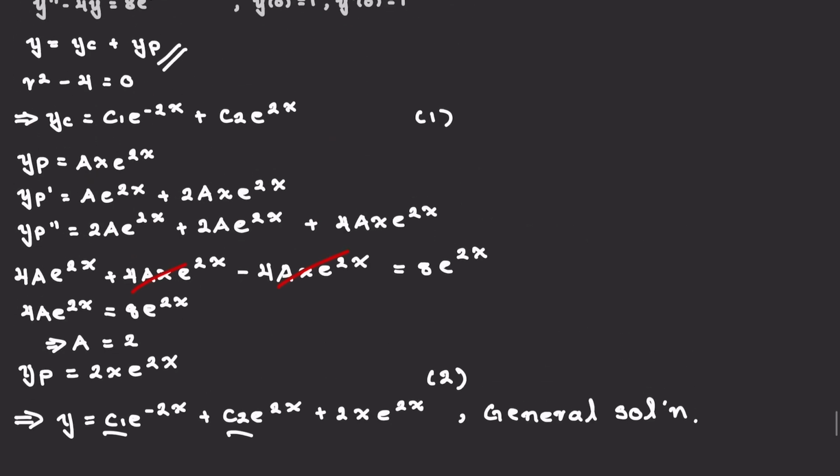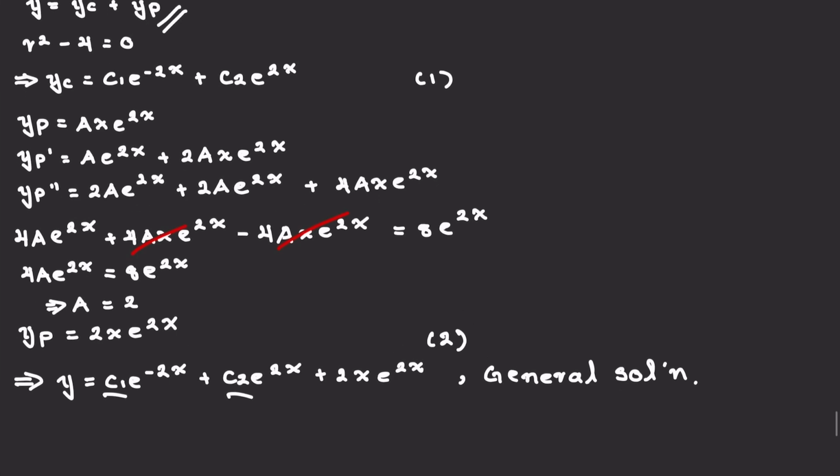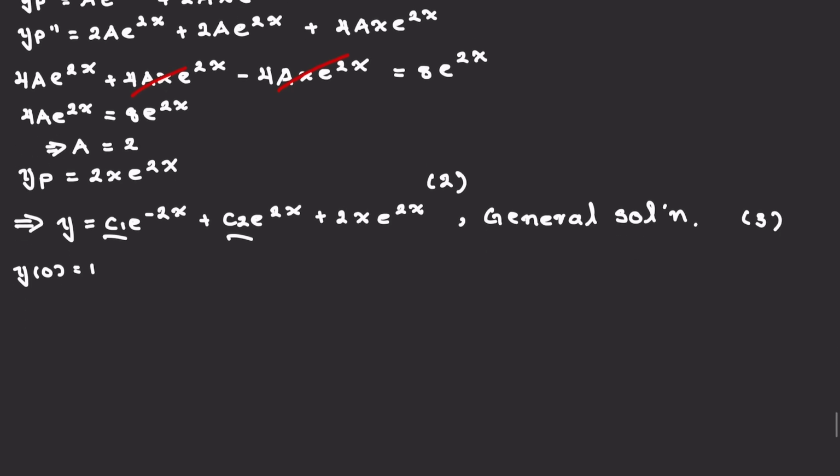And so using our first condition, which is y(0) equals 1, plug that into our third equation here, we're gonna have C1 e^0, for every e^0 is just 1. So we can write that as C1 + C2, and 2 times x, which is 0, is just 0, so we can ignore that. And everything equals 1.